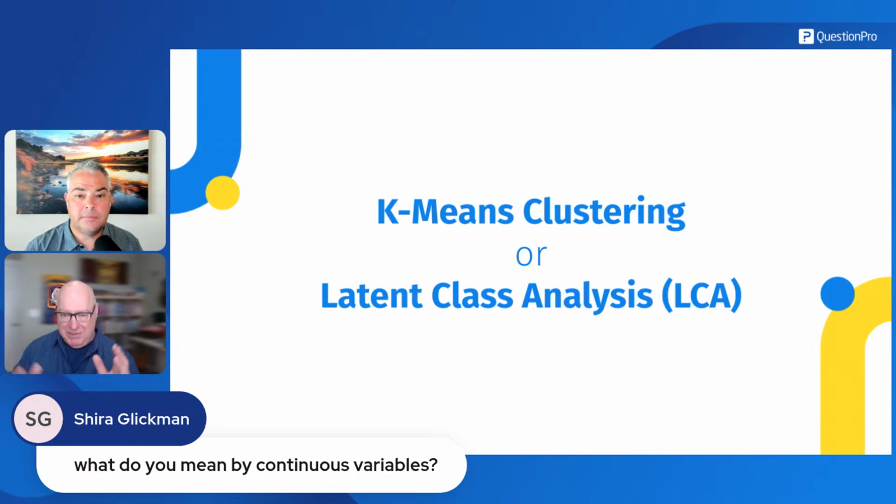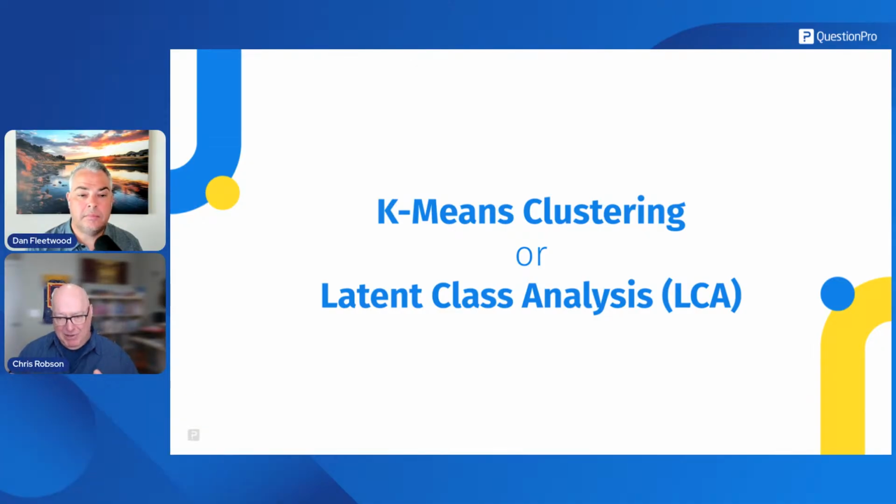Don't get me wrong, it's been used as a staple of segmentation for decades, where people have taken the answers 1 to 5 and done k-means clustering on it. That's not intrinsically wrong. However, latent class is better suited for that kind of data. Got it. Okay, they said thank you, so appreciate that.